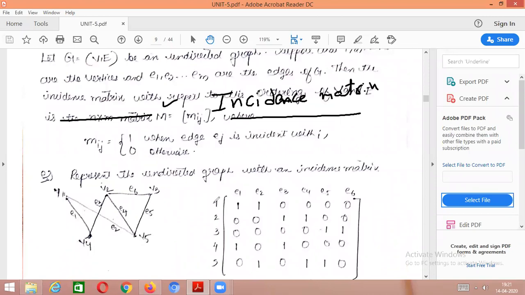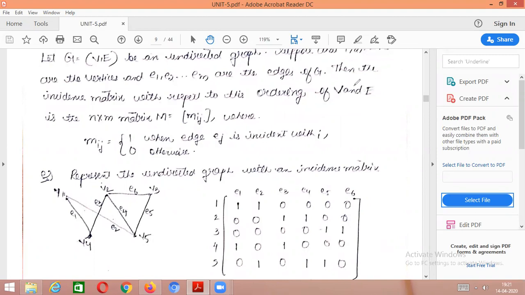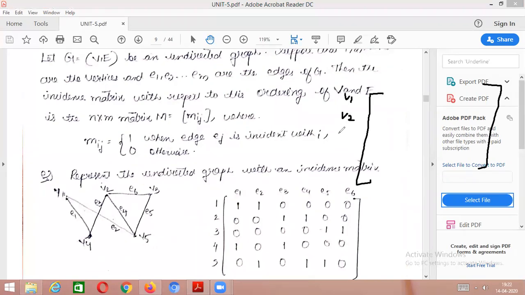First, for the matrix, you write all the vertices: V1, V2, V3, V4, V5.